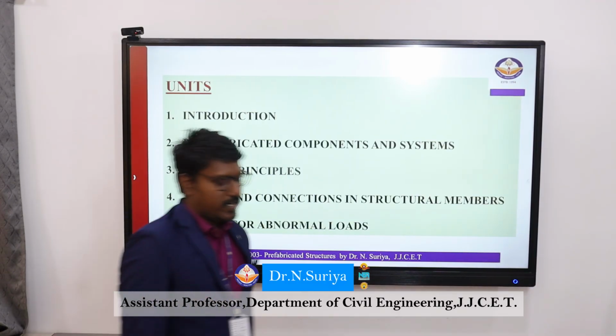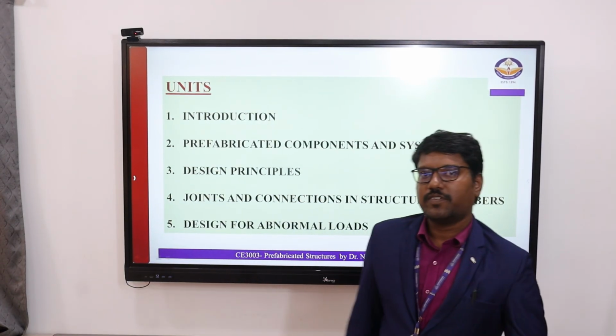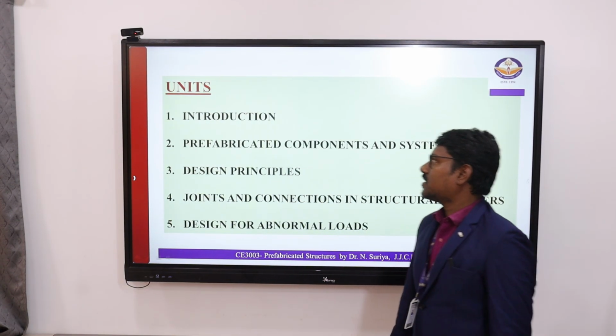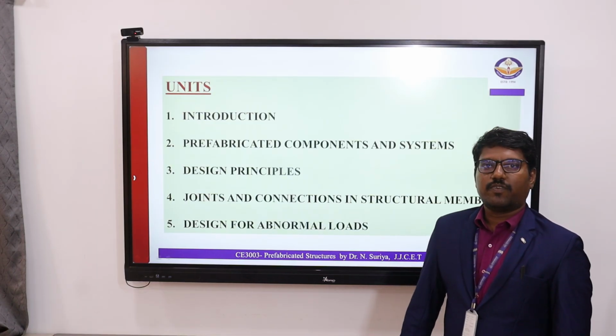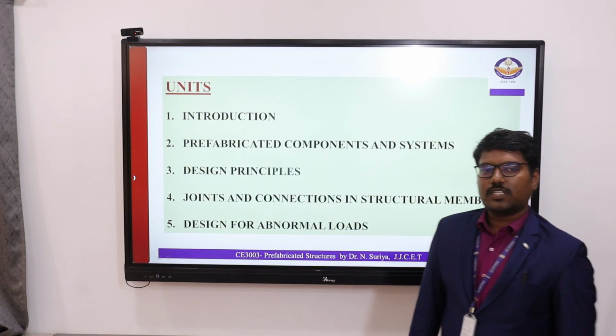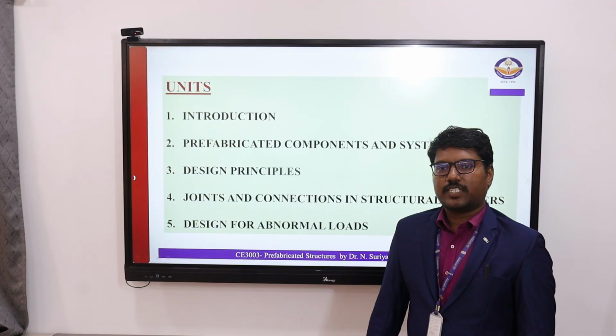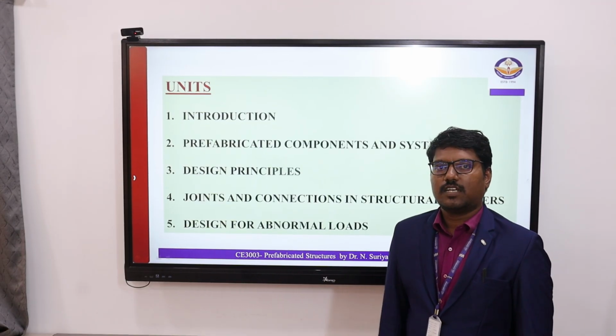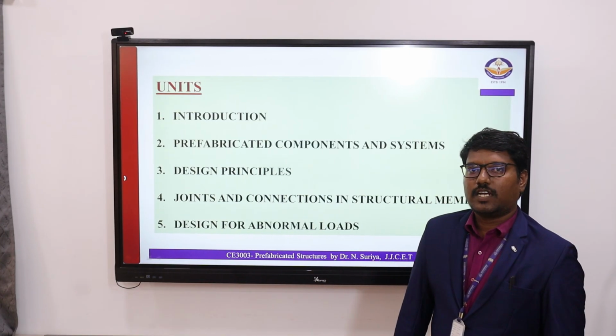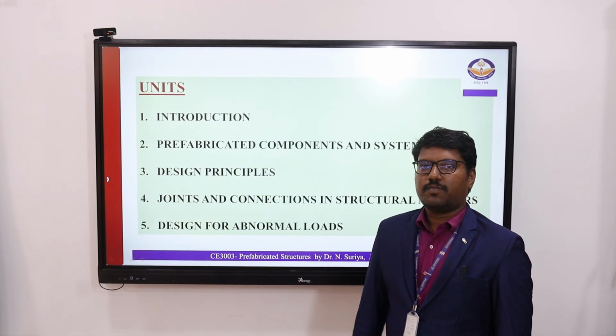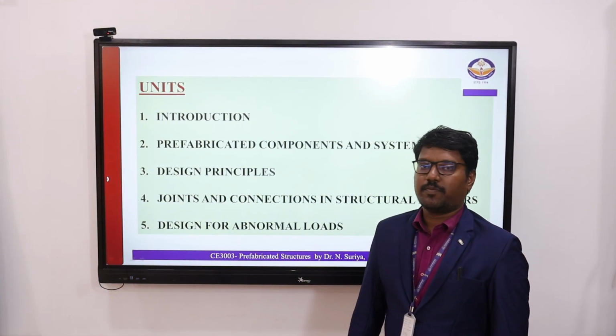Next, units. This course consists of 5 different units. Unit 1 consists of introduction part of prefabrication method, which includes advantages of prefabrication, basic concepts and fundamentals of prefabrication, and also limitations in prefabrication and principles of prefabrication.